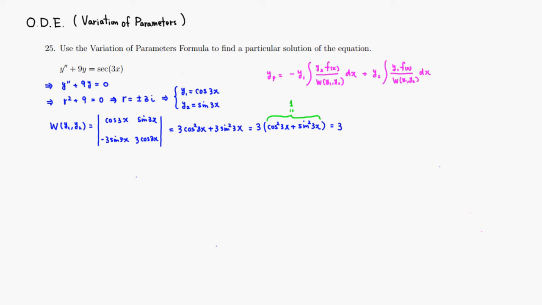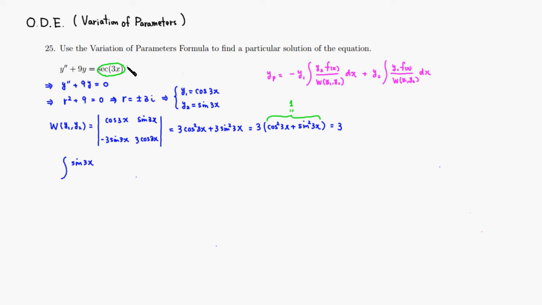Then let's compute the first integral. So we have an integral where y2 is sine of 3x, and f of x is simply the right-hand side here.